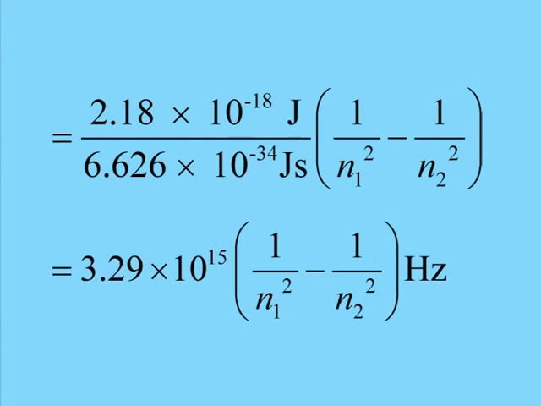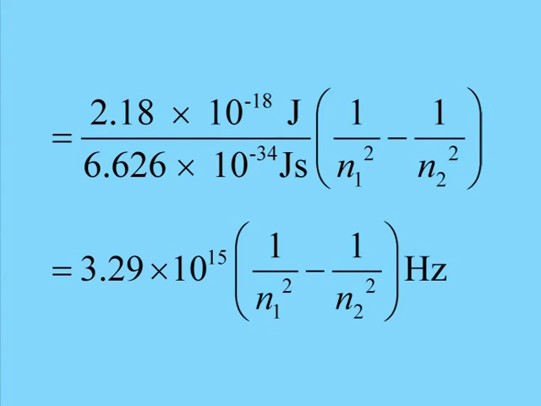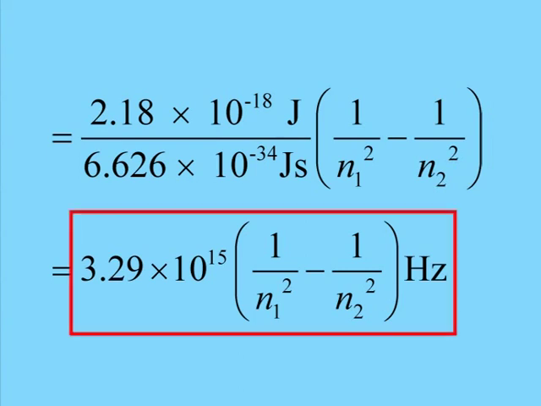Further, put the values of Rydberg constant as 2.18 into 10 raised to the power minus 18 joules and Planck's constant as 6.626 into 10 raised to the power minus 34 joule second. We get nu is equal to 3.29 into 10 raised to the power 15 into 1 upon n1 square minus 1 upon n2 square Hertz.